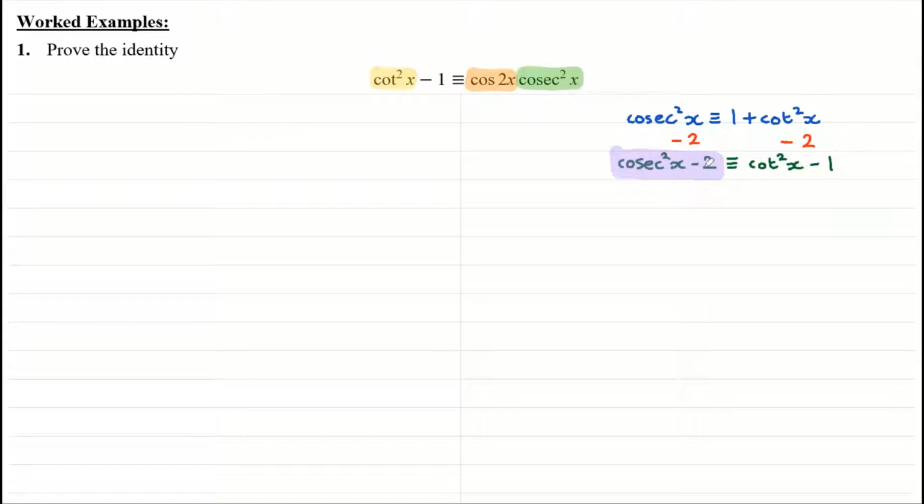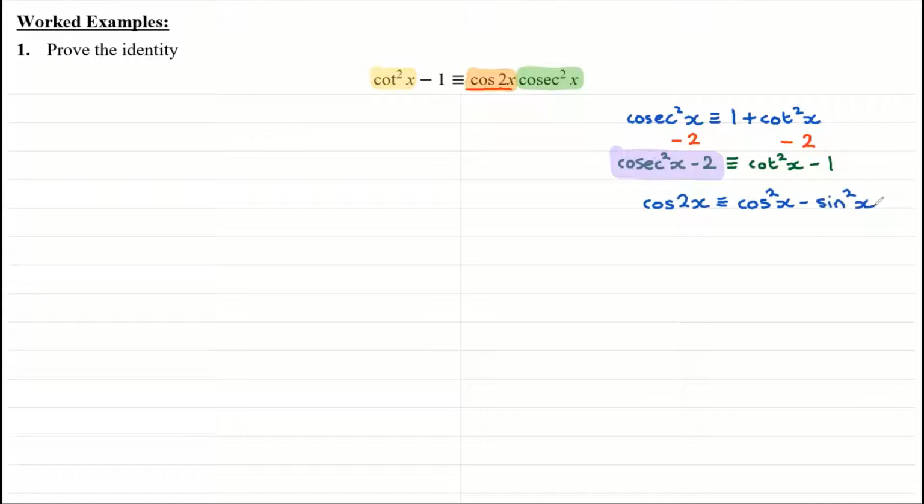The other thing we need to be aware of is the cos 2x. Now, when it's cosine, of course, there are 3 possibilities. There's 3 possible identities we need to be aware of with cosine. Let's write them down. It's always a good idea, especially if you're not familiar with them. So the first one that we derived, if you remember, was cos squared x subtract sine squared x.